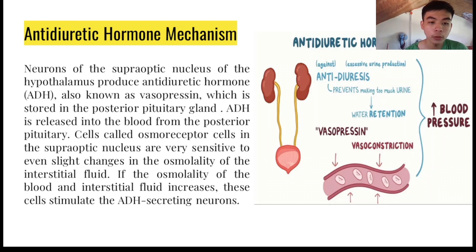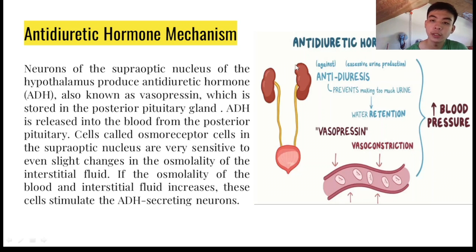Then cells called osmoreceptor cells in the supraoptic nucleus are very sensitive to even slight changes in the osmolality of the interstitial fluid. So if the osmolality of the blood and interstitial fluid increases, these cells stimulate the ADH-secreting neurons.